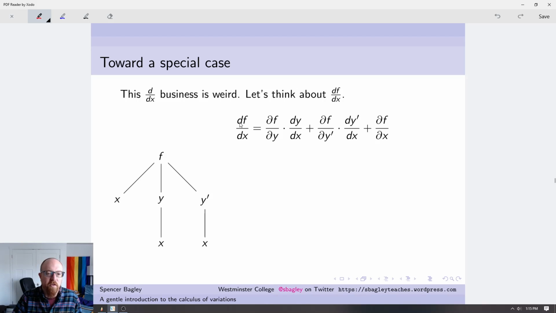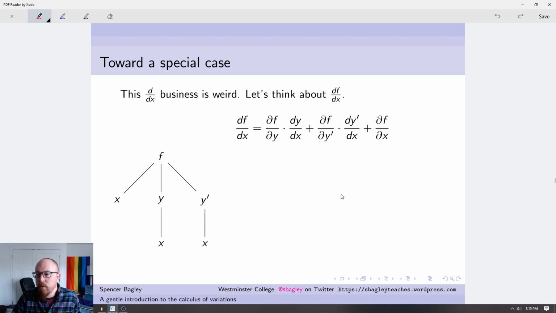The total derivative of f with respect to x is the partial of f with respect to y times the derivative of y with respect to x. That's not partial because y doesn't depend on anything else. Okay, and then we've got the partial of f with respect to y prime, and then the derivative of y prime with respect to x. And then we've got the partial of f with respect to x that reflects f's direct dependence on x, maybe.